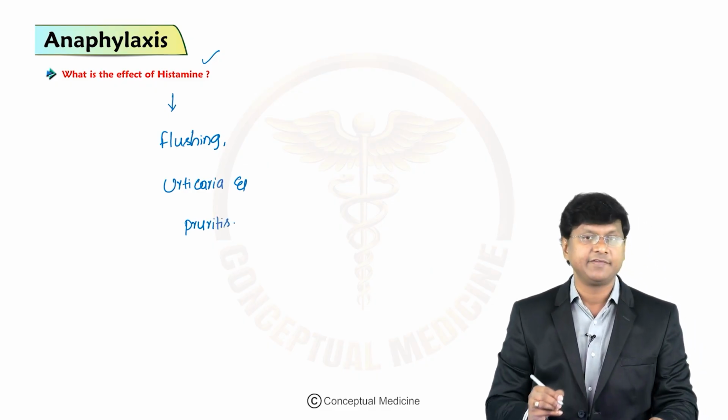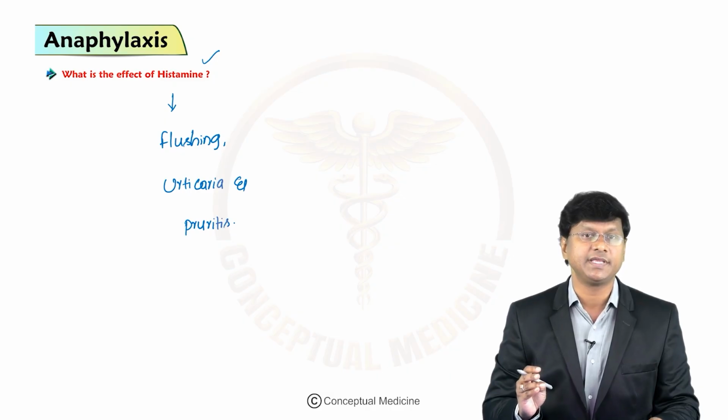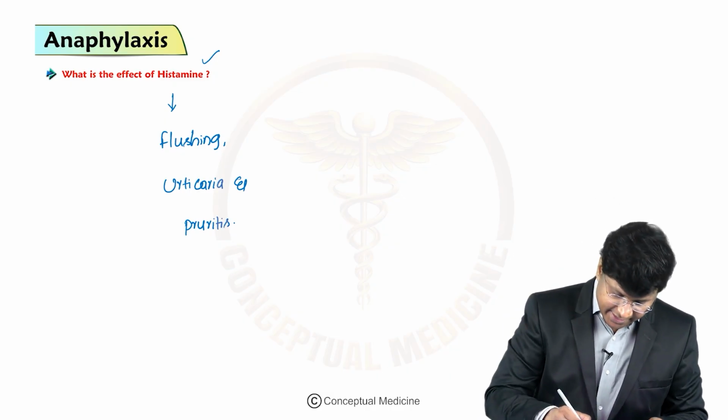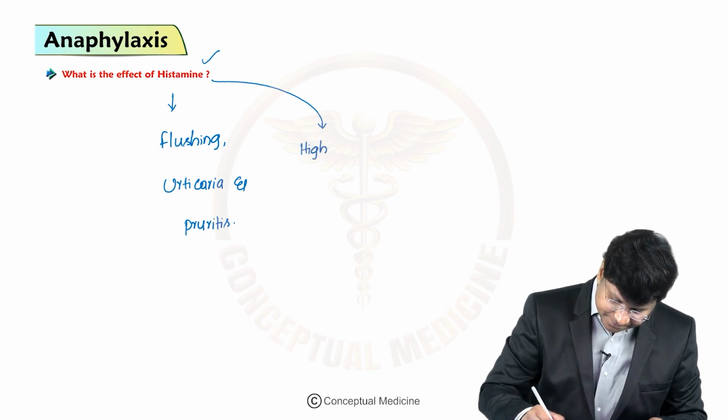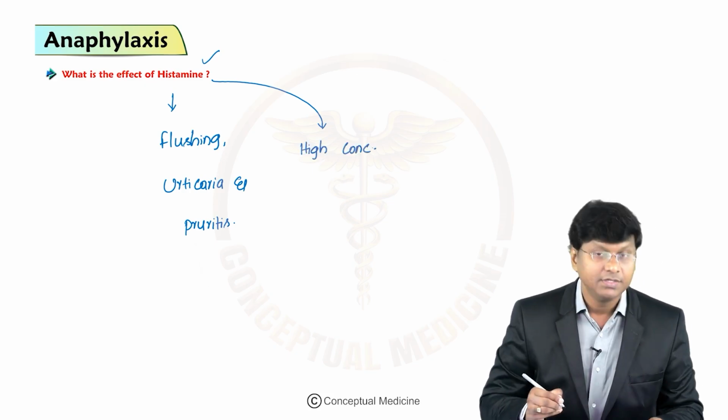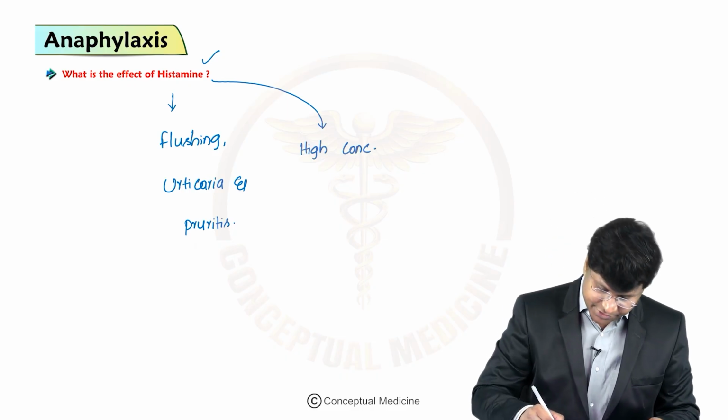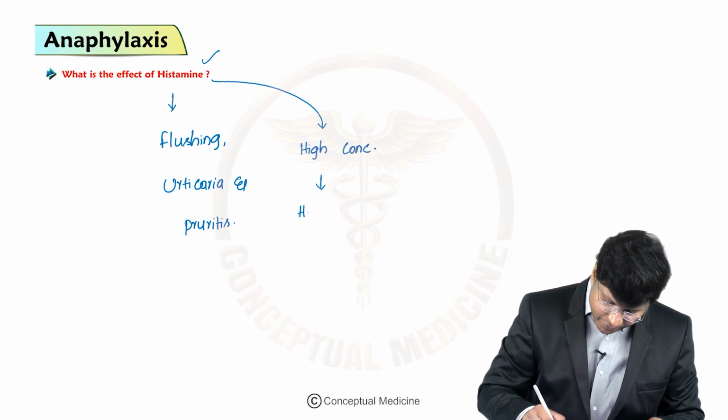So these are the effects of histamine: flushing, urticaria and pruritus. And whenever histamine is produced in high concentration, that will cause hypotension and tachycardia.